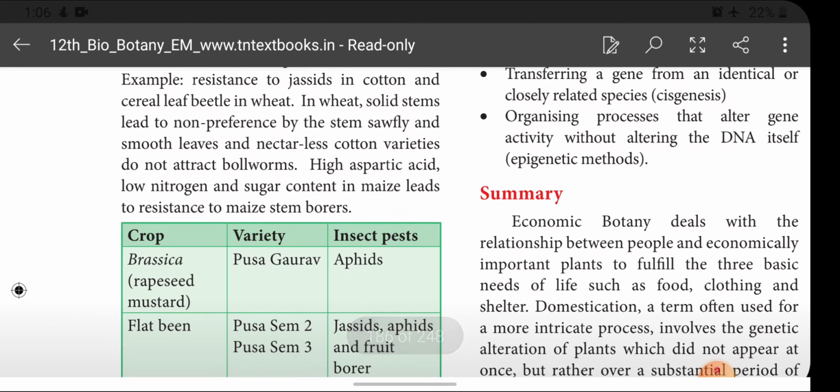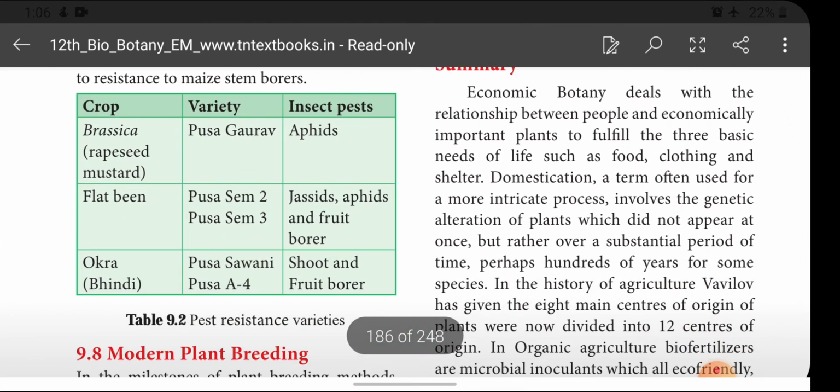The same thing, disease resistant and insect pest resistant varieties, we will see in the table. Brassica, rapeseed mustard, a variety is called Pusa Gaurav and it is resistant to aphids.